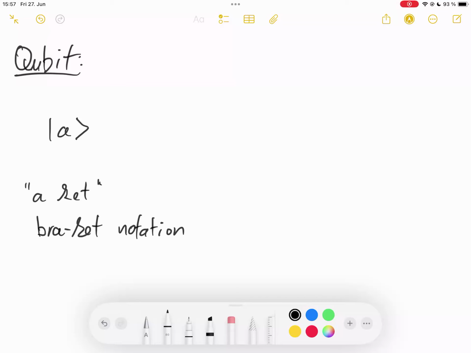And what we want to do is A will be partially in state 0, and it will be partially in state 1. And this here would be pronounced 0 ket and 1 ket. Our qubit is partially in 0 and 1 at the same time.